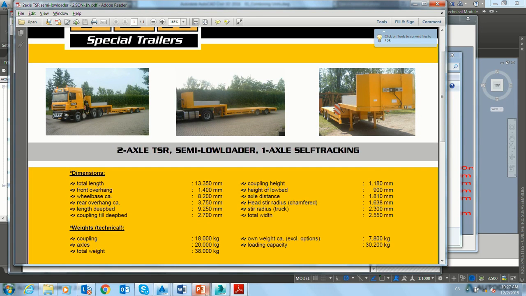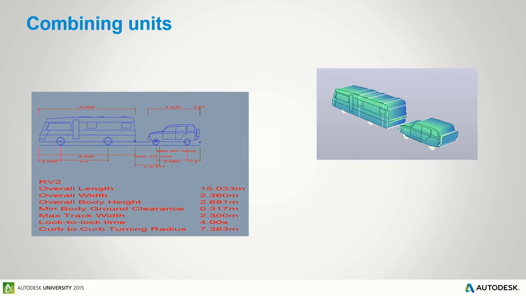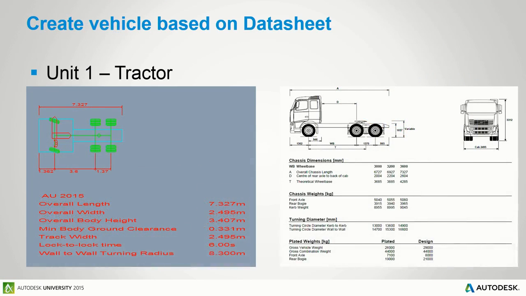Yep. So just to keep up with my PowerPoint presentation, this is what I was referring to. Here you have information about the tractor, and we will bring this information into vehicle tracking, and we will receive something like this.